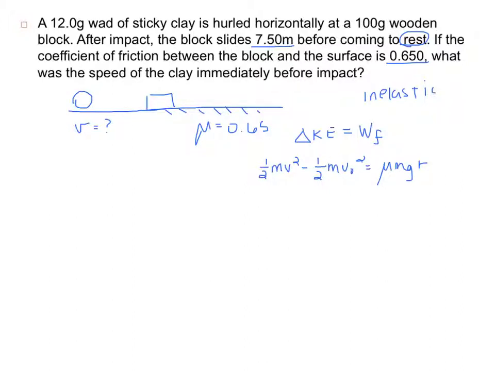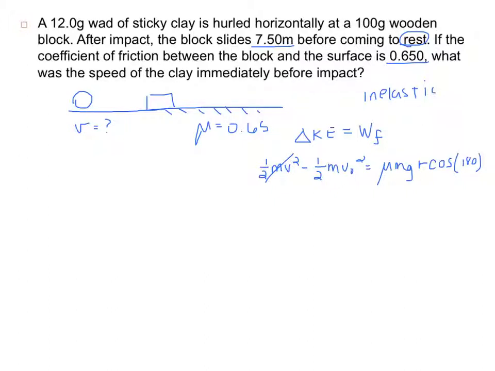We know that the block and the object are going to travel until they come to a stop, so my final velocity will be 0. My initial velocity is what we're trying to calculate.